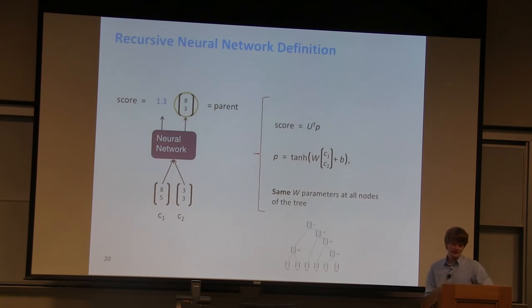This is, again, our standard single neural network layer. Here we actually put the W into one matrix. So again, this could be seen as two blocks: one block that you multiply with C1 plus another block that you multiply with C2. This is what I described in the previous lecture.